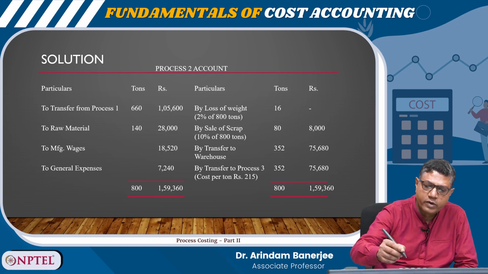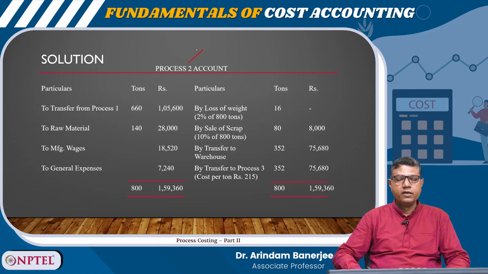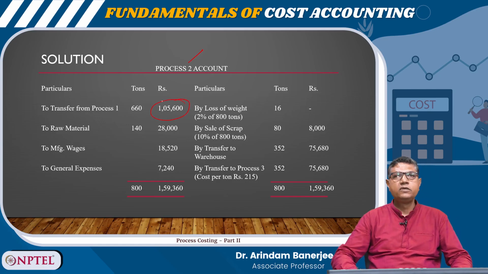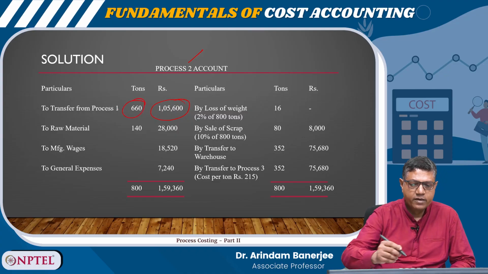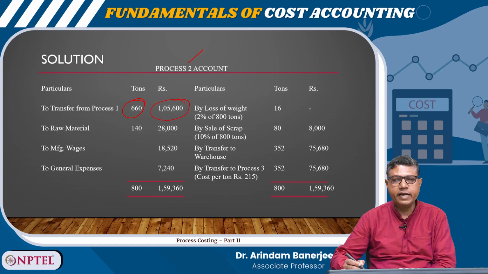Next, we will create the process 2 account. So this 1,05,600 is getting transferred from process 1, 660 tons. With this, we are adding the raw material again of 28,000.